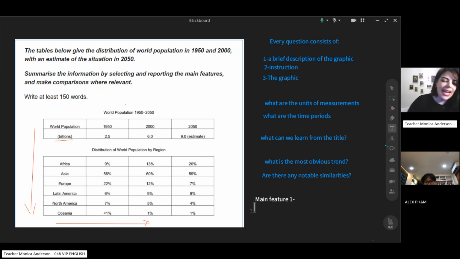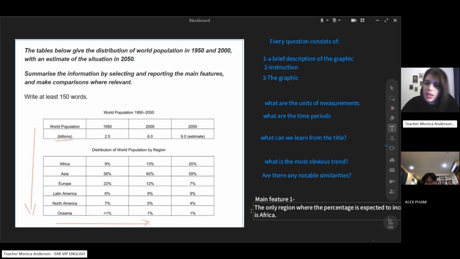So I say that the only region where the percentage is expected to increase by 2050, of course, is Africa.